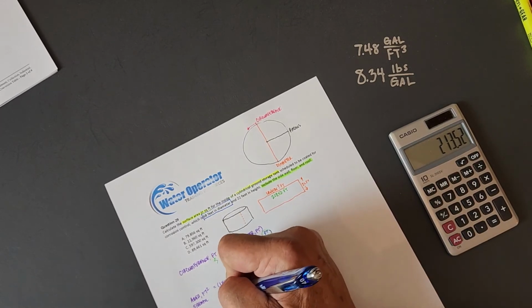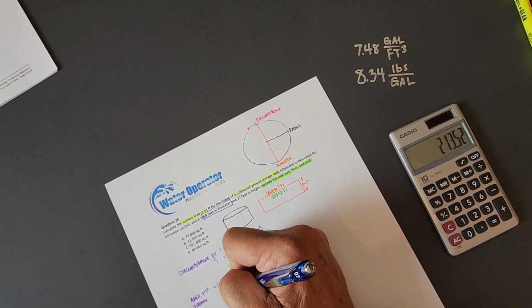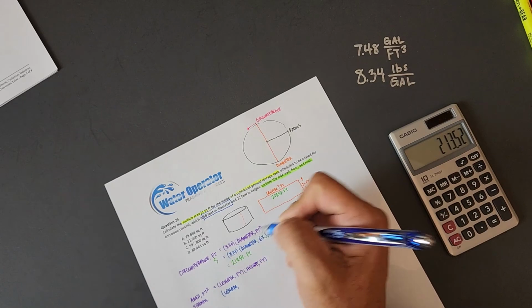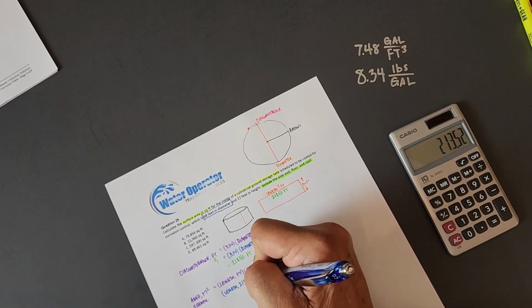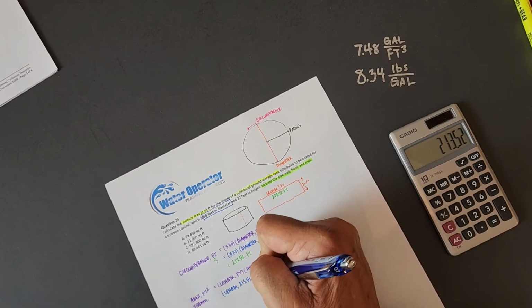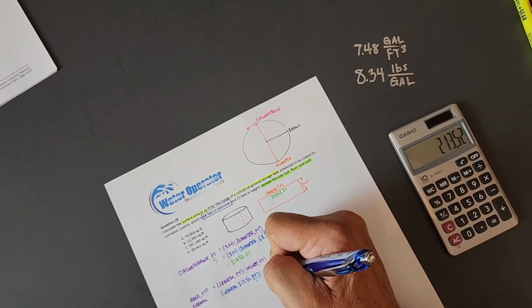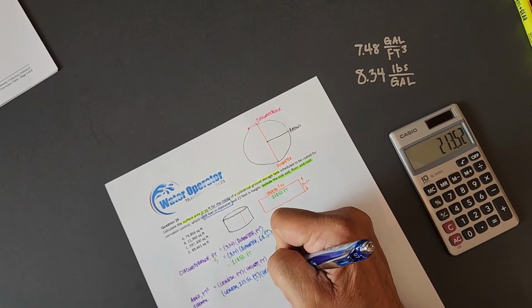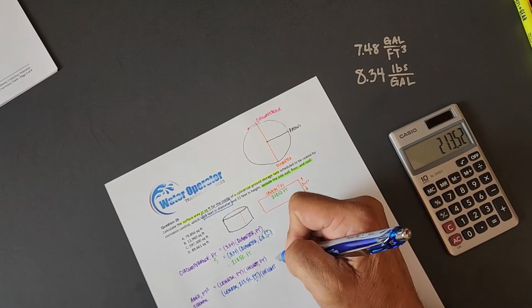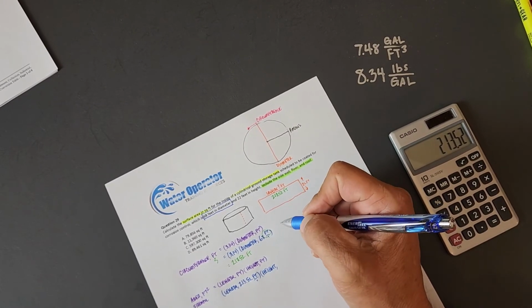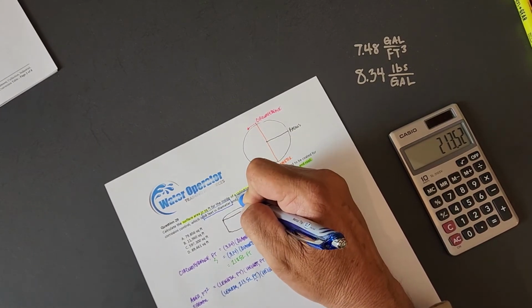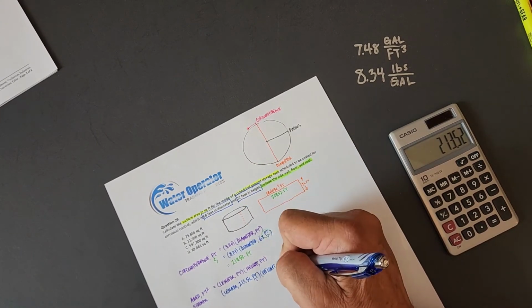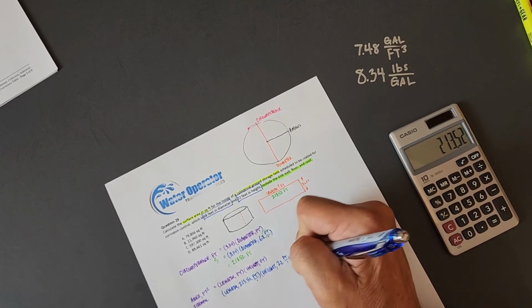So let's get length. The length is 213.52 feet over 1 times the height, which is 22 feet over 1.